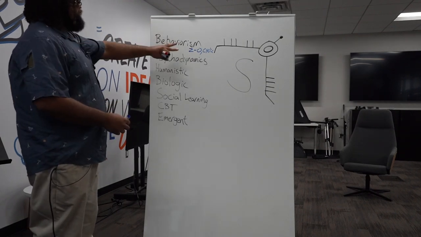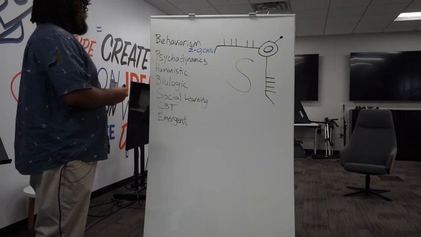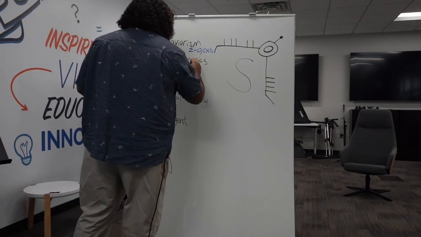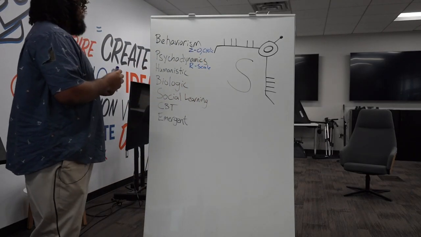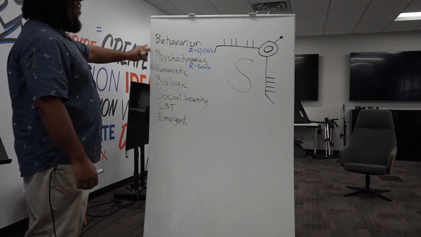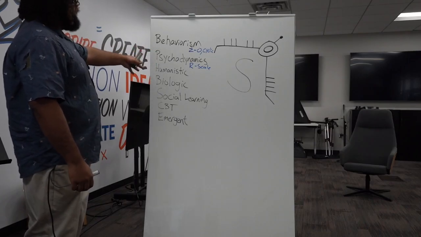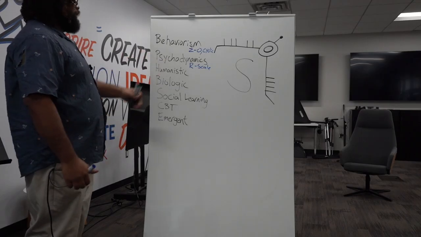With psychodynamics, we really just need the R scale. There are different areas of psychodynamics, but the entire idea that psychodynamics is based on can be described by the R scale.